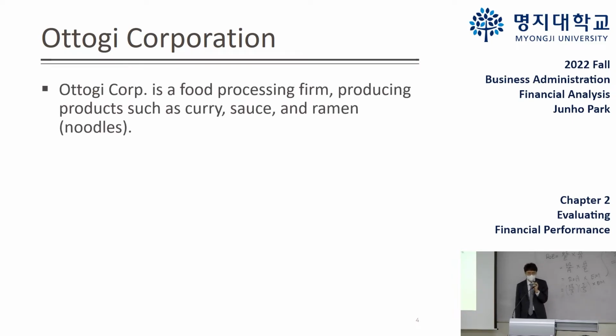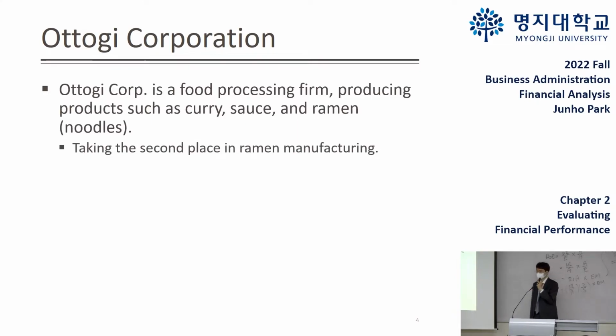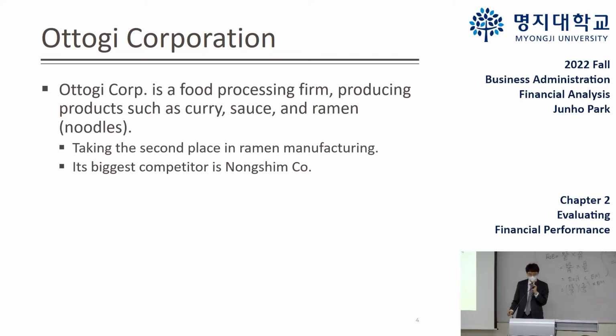Ottogi Corporation is a food processing firm, and it sells products such as curry, tasting sauce, and ramen noodles in Korea. It is taking the second place in the ramen industry, and the first place is taken by Nongsim.